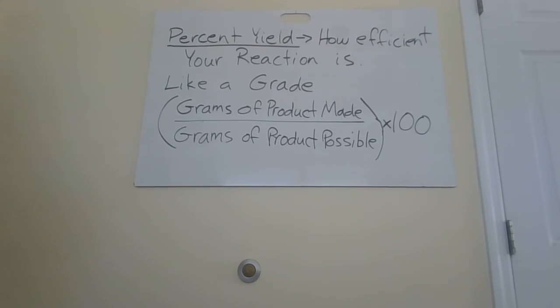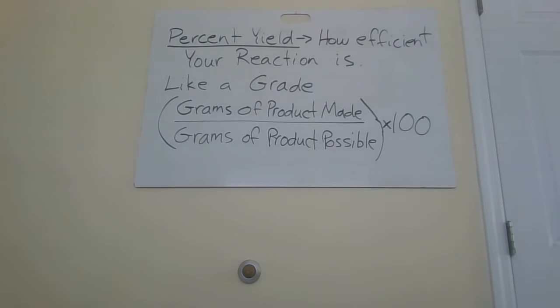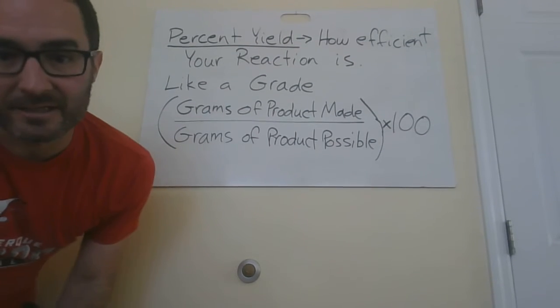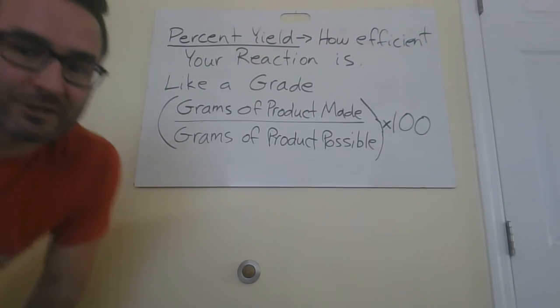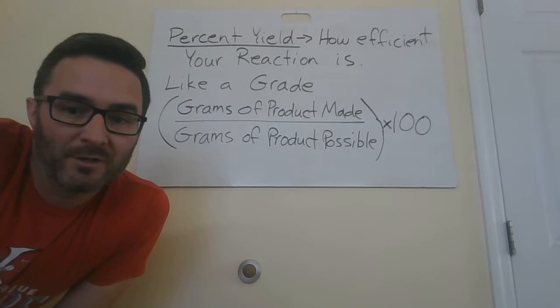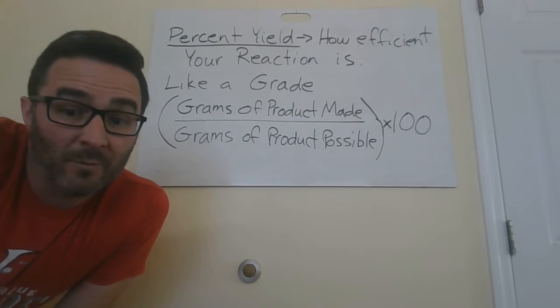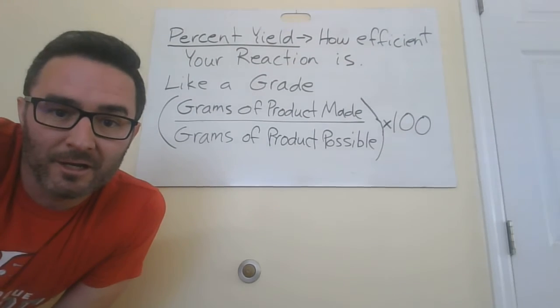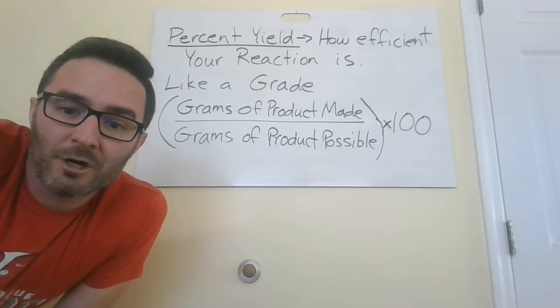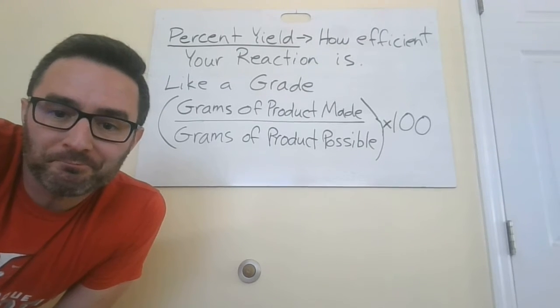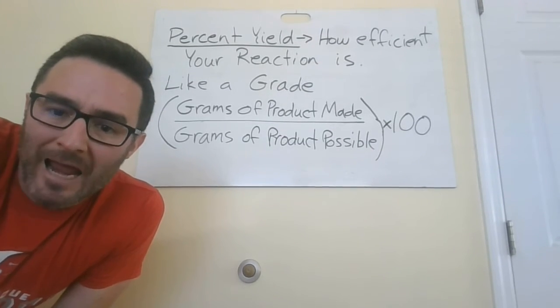So percent yield is the idea that when you do a chemical reaction, so far when I've been doing limiting reagent, or just saying, okay, how much can you make? We're assuming that you're 100% perfect. And in real life, that doesn't happen.